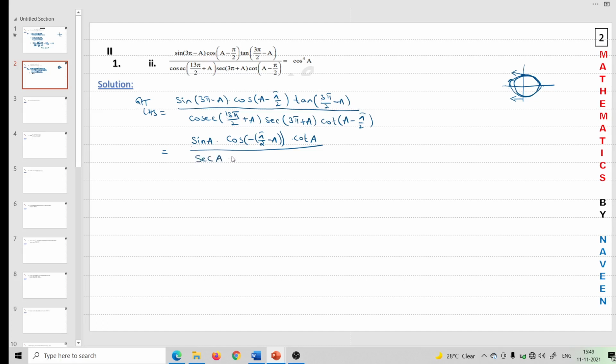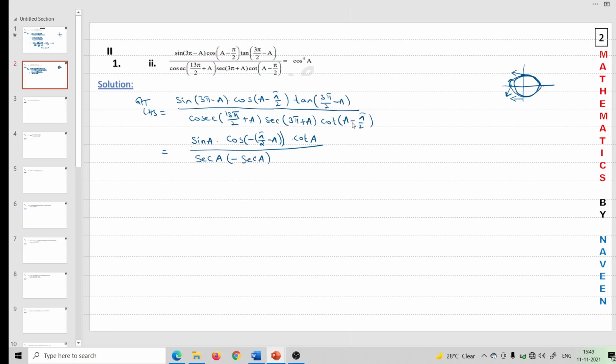Clear? Into secant of 3 pi plus a. See, complete means 2 pi, plus here means 3 pi. 3 pi plus a is here, third quadrant. In third quadrant, secant values are negative. And pi by 2 multiplied by 6, there is no change. So secant as it is.